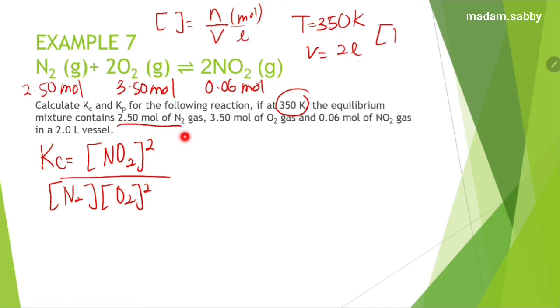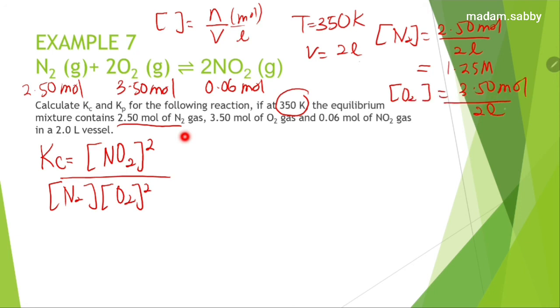For N2, it's 2.50 mole divided by 2 liters, giving 1.25 molar. For oxygen, it's 3.50 mole divided by 2 liters, which is 1.75 molar. For NO2, it's 0.06 mole divided by 2 liters, so you will get 0.03 molar.